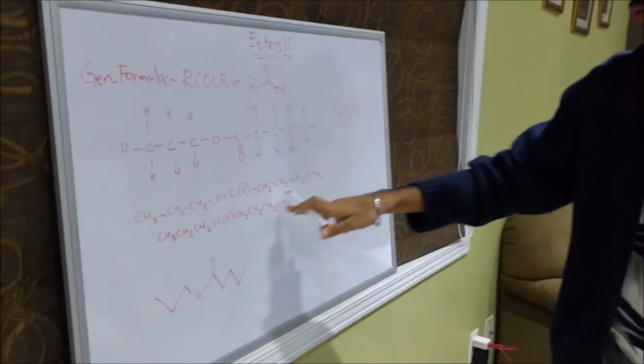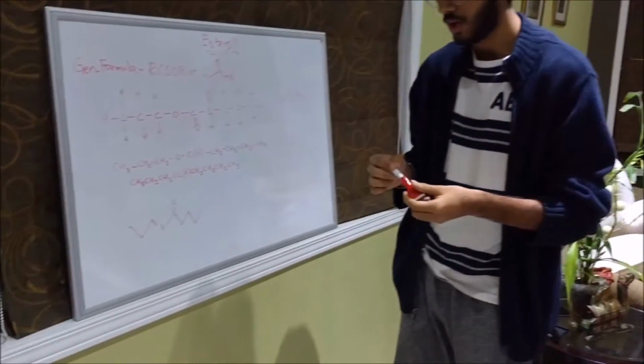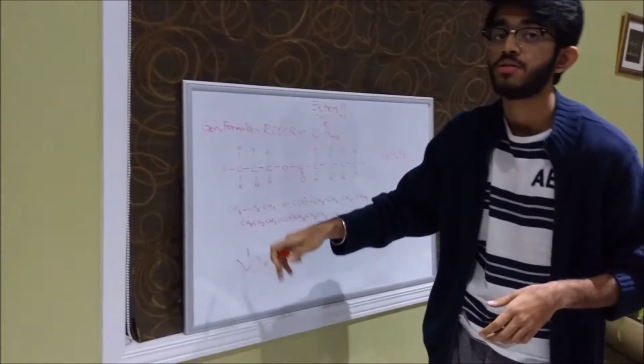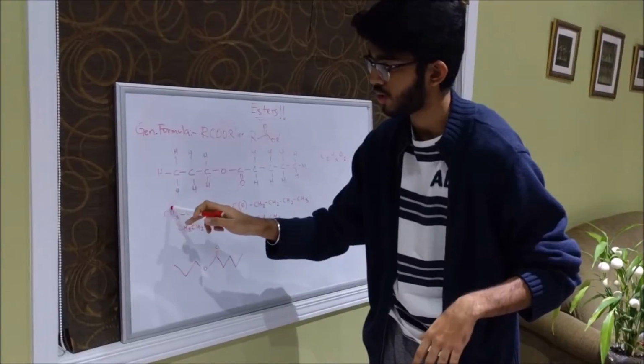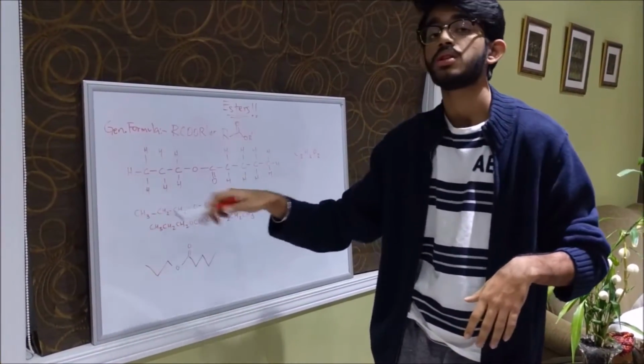This is how you show a condensed or an expanded formula for an ester, where instead of showing the bonds for hydrogen, you just condense it and show it as CH3 line CH2. These lines show the links between each carbon.